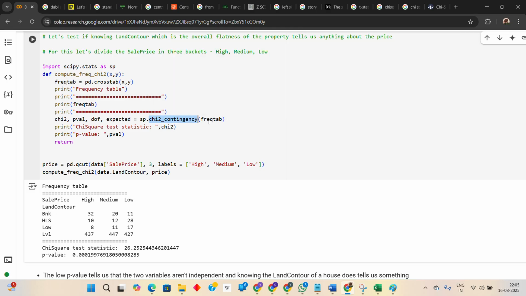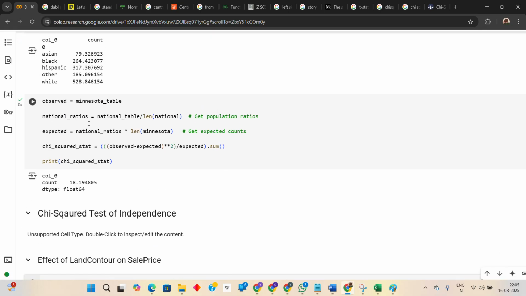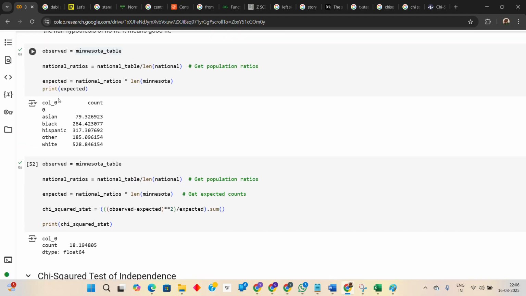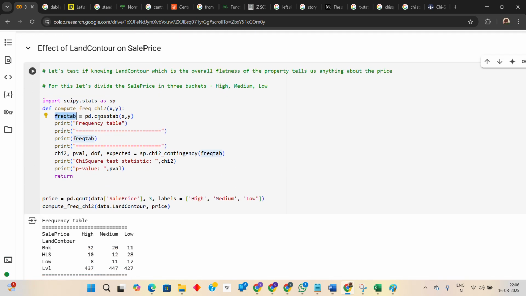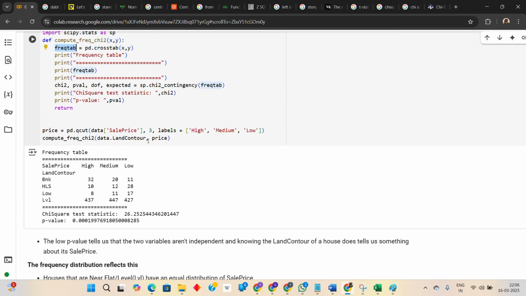Simply pass the frequency table. Earlier we used the national and Minnesota frequencies. Accordingly, you can use whatever we would like to check, pass it to our function, and calculate the p-value and chi-square value.